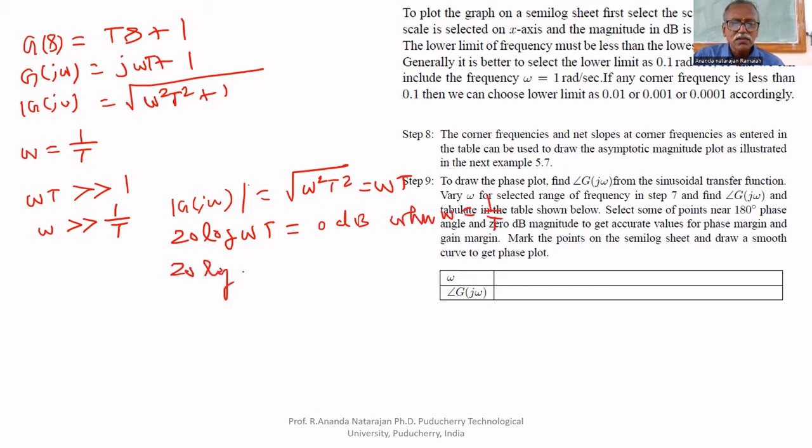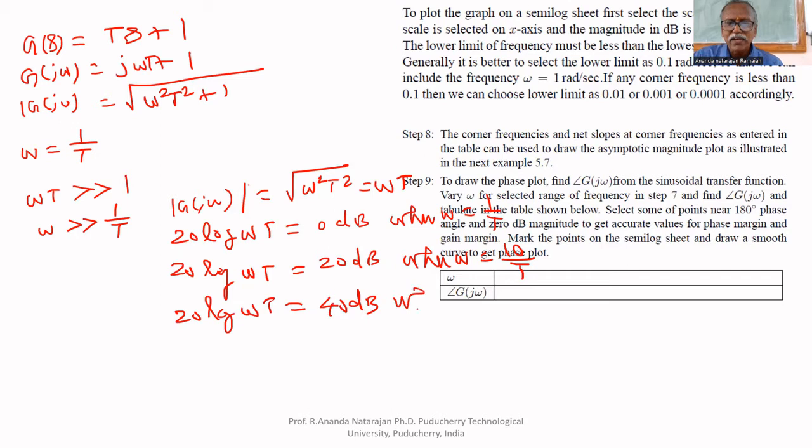When omega equal to 10 by tau, you will get 20 dB. When omega equal to 100 by tau, it is 40 dB. So it increases at the rate of 20 dB per decade.